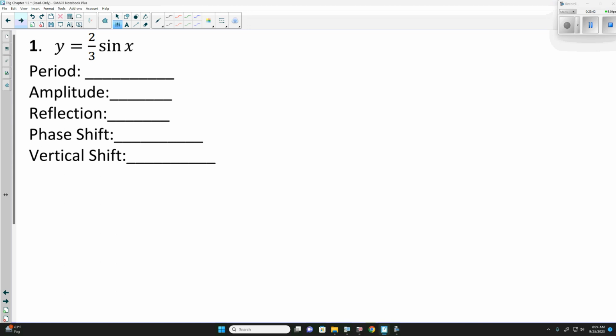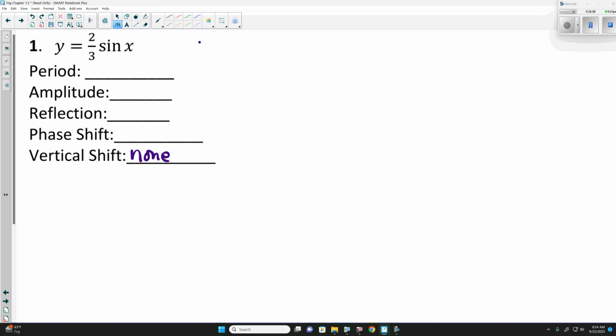We ready for the next one? Let's look at this one here. Is there any of these that we do not have one of? Do we have a vertical shift? No. Do we have a phase shift?